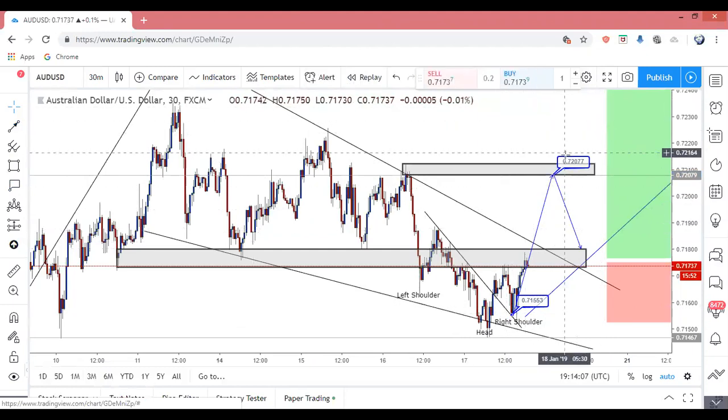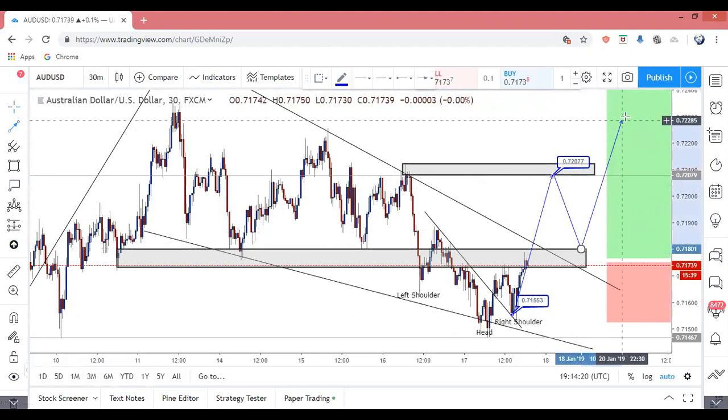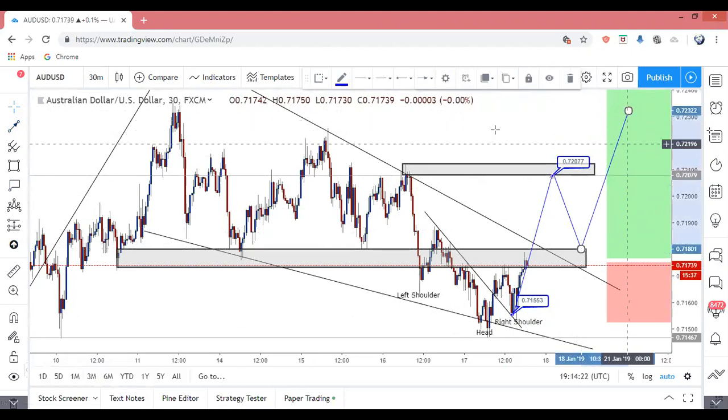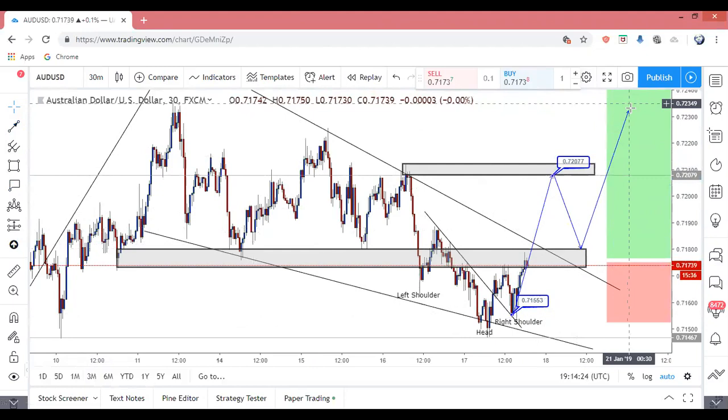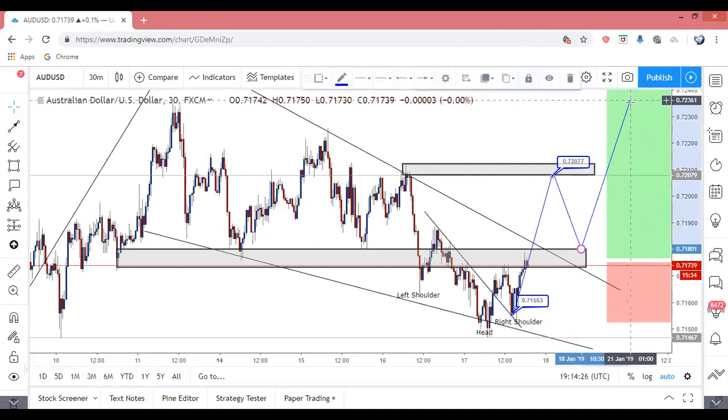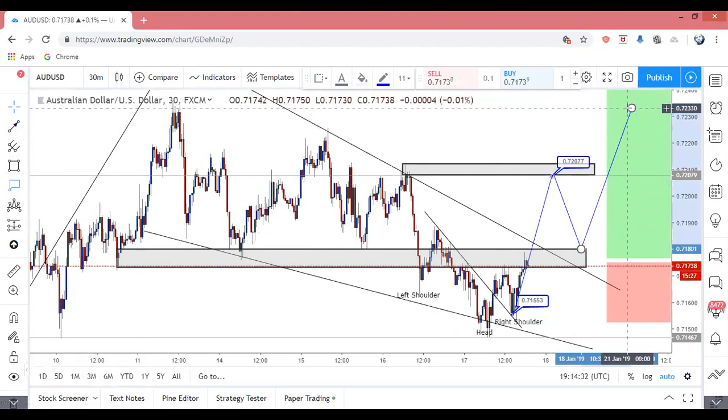When I lock them here, I'm expecting it to come back down here. And when it gets here, it should shoot straight up from here. Then when it goes up from here, that's when I'm expecting it to take profit around that area. Yeah?